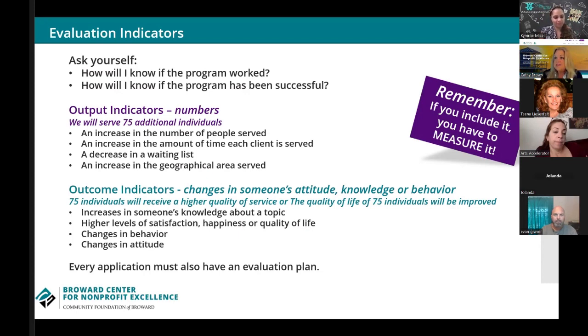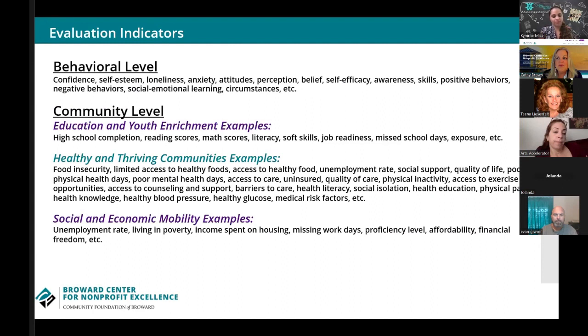Good. All right, so the whole idea of indicators is another piece. The other side of this is, in addition to really thinking about these at the behavioral level, as we were talking about, even at the community level. I've got some examples here from our colleagues that you're going to meet in a little bit, really helping to think about what it is that we're looking for from the specific areas that we are funding at the Community Foundation.